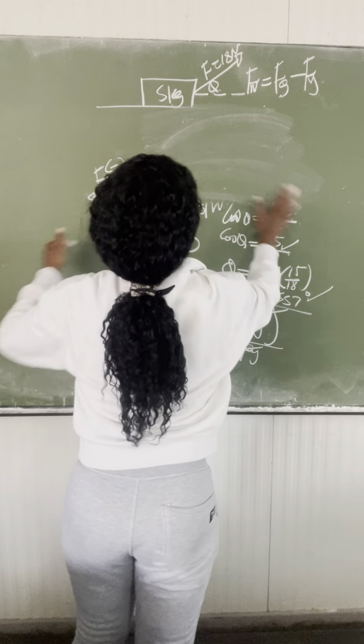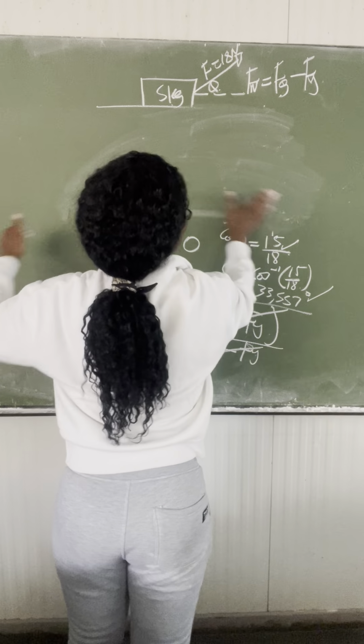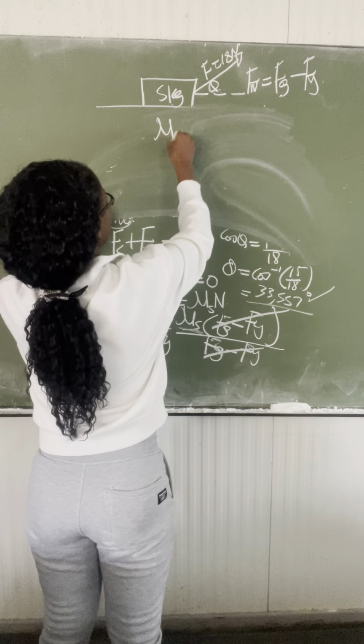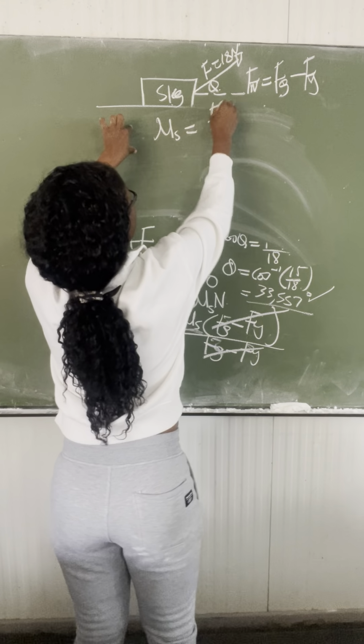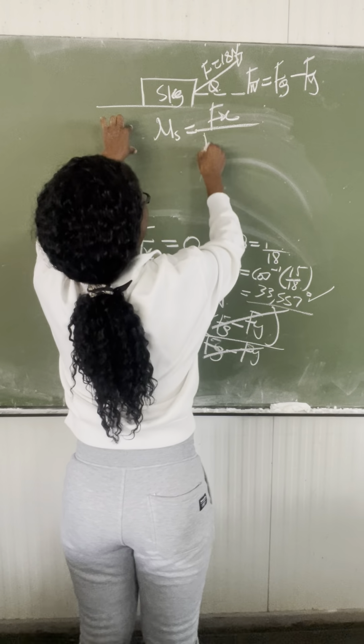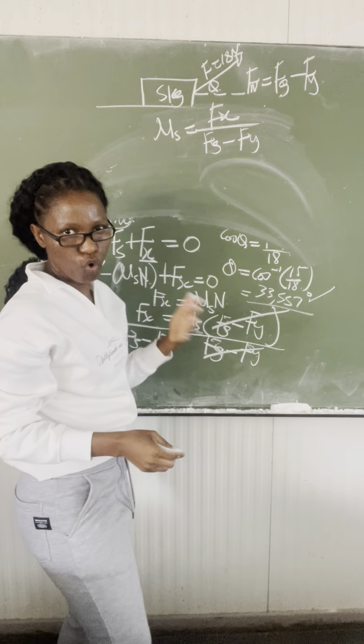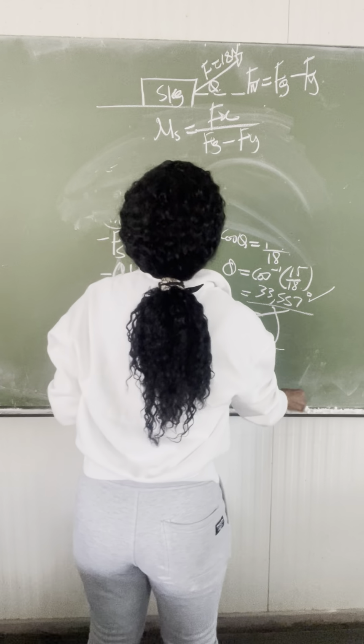At the end of the day, we are left with what they are looking for, equivalent to our Fx over our gravitational force minus our Fy. So we do correct substitution.